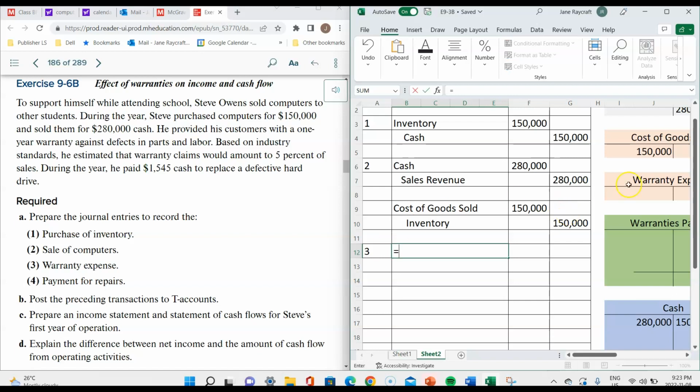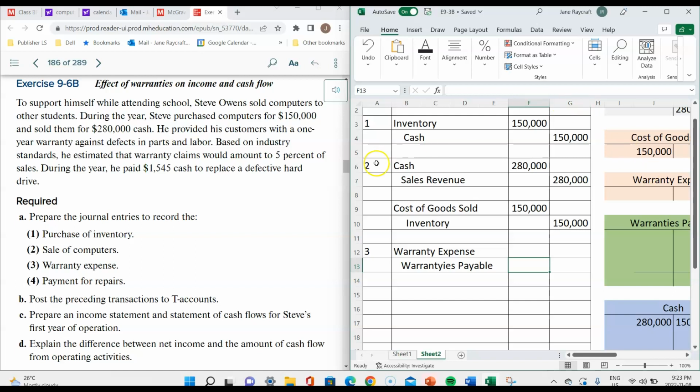So the first account will be warranty expense, the cost of providing the warranties for the computers, and our warranty payable, what we will owe to provide those warranties.